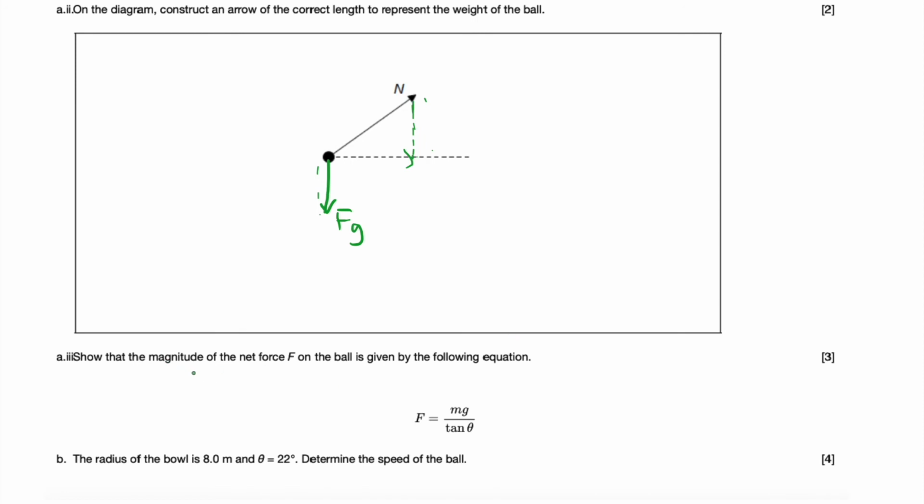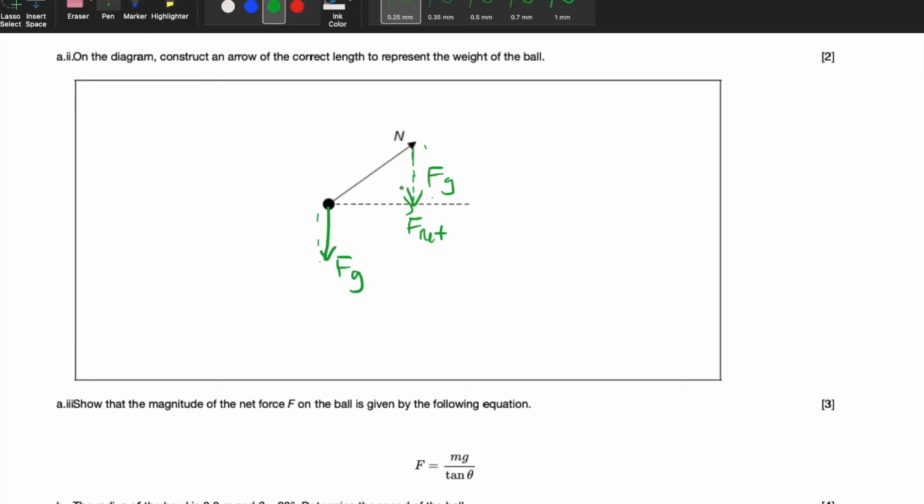Right? Show that the magnitude of net force F on the ball is given by the following equation. So here we know this is going to be the net force. Here is the gravity. Sorry, the arrow should be upward.